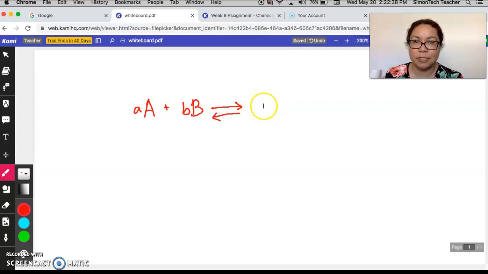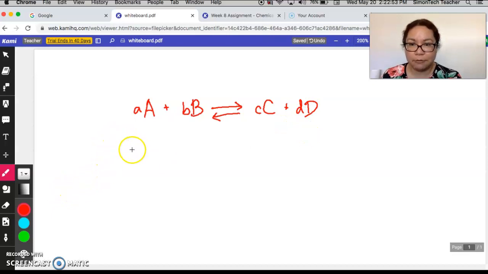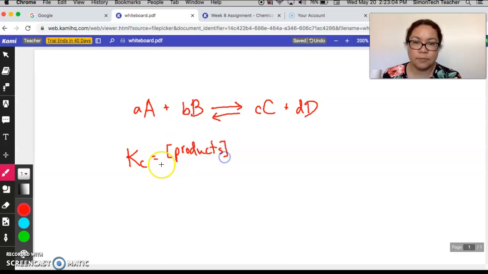So for equilibrium, remember that there is a forward and a backwards reaction, and it will be expressed by the products, also lowercase and capital letters there. Your chemical equilibrium equation should be represented as this, where we've got the concentrations of the products over the concentration of the reactants.